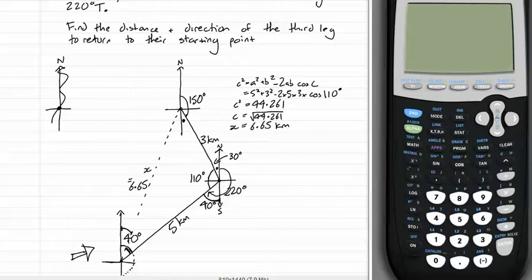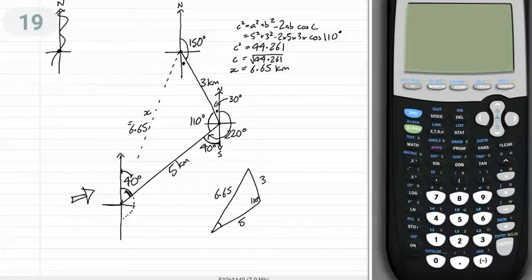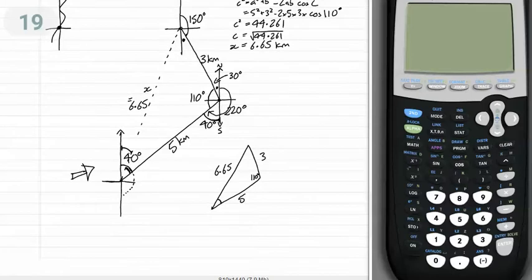It's a very, very good idea to redraw your triangle at this point. We're getting far too complicated. Redraw the triangle. I've got 110 degrees there, and I want the angle that's marked.